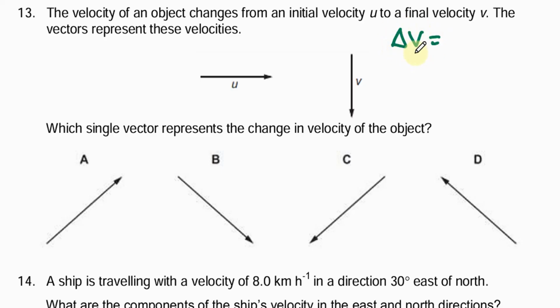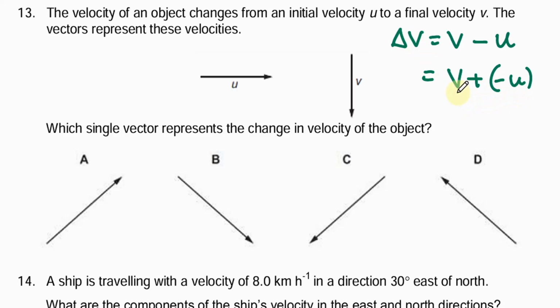The change in velocity delta v is the final velocity v minus the initial velocity u. We can rewrite this equation as v plus negative u. So from this we can see that delta v is a sum of these two vectors, the sum of v and negative u. So delta v will be the resultant of v and negative u.